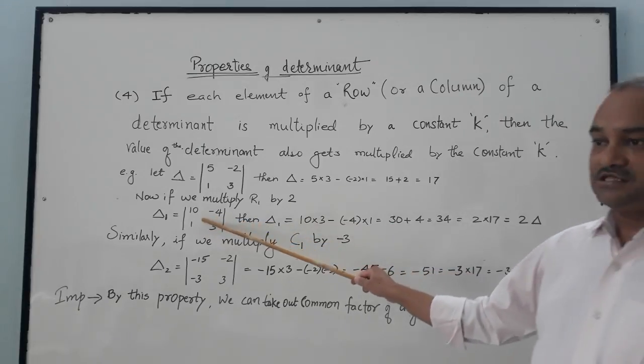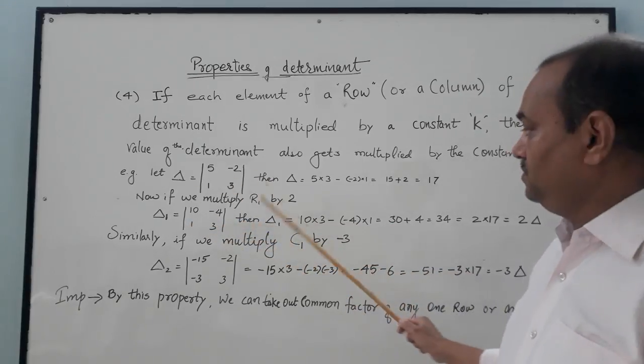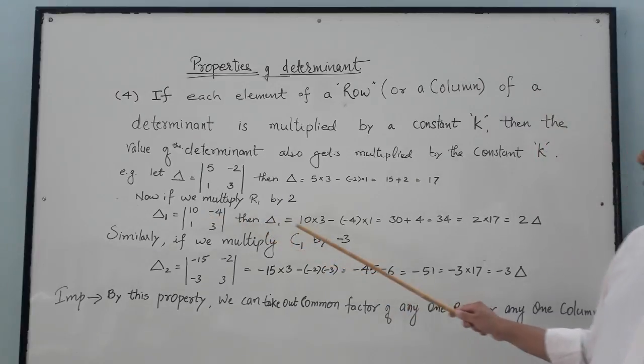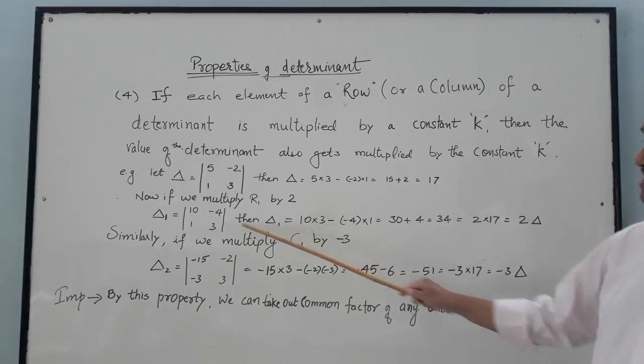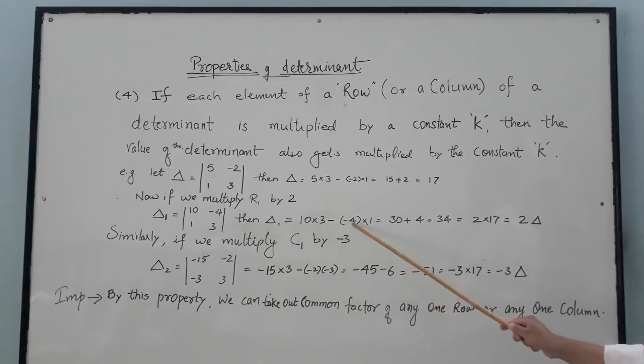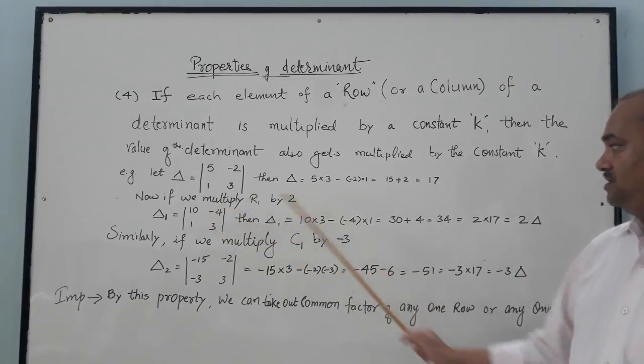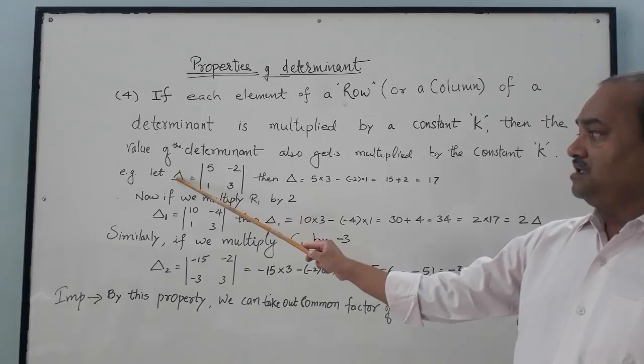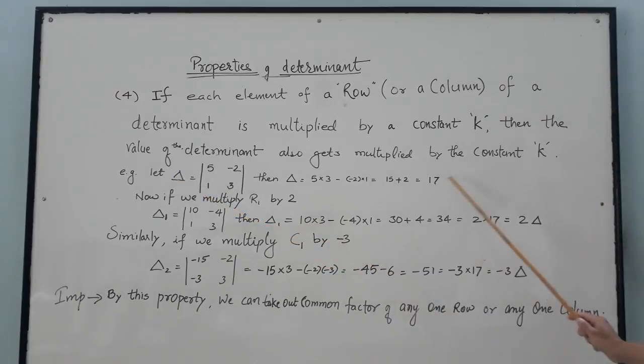Again, since it is a determinant of order 2, we expand and we get the value by AD minus BC, 10 into 3 minus 4 into 1, that will be 34. 34 we can write as 2 into 17 because 17 was the value of previous or initial determinant.